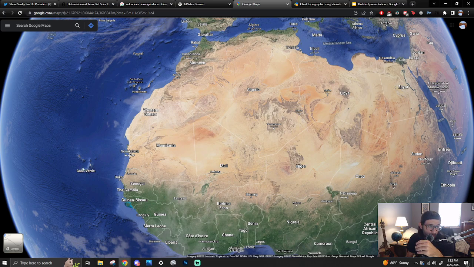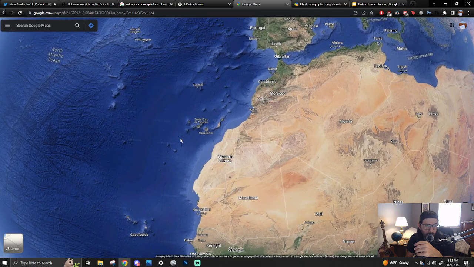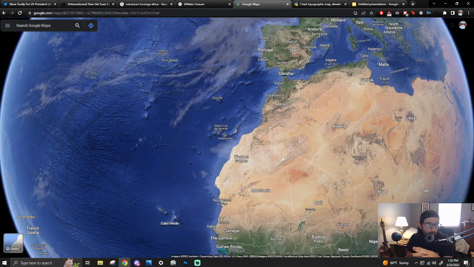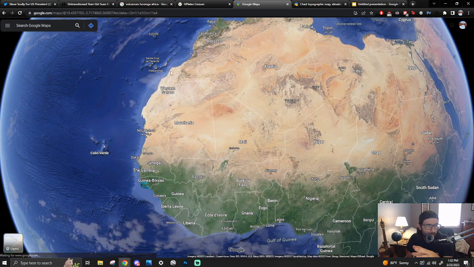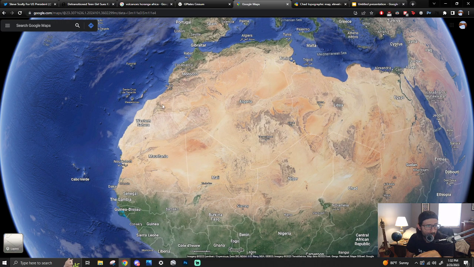And then that even goes to Cape Verde. Whereas over here, what is this again? The Canary Islands. It's all at this boundary extending outward. Definitely a relationship.